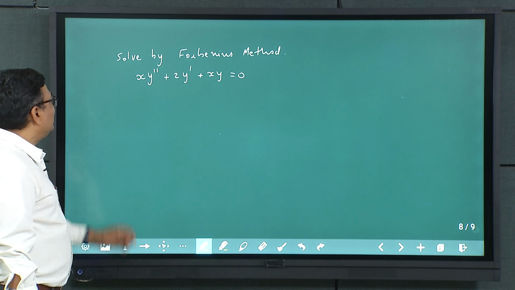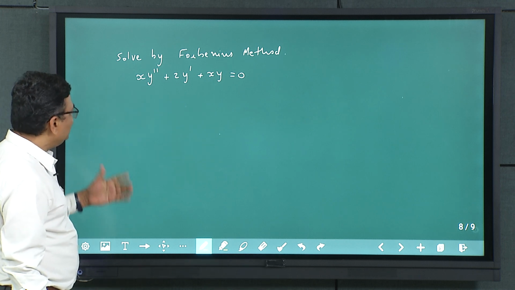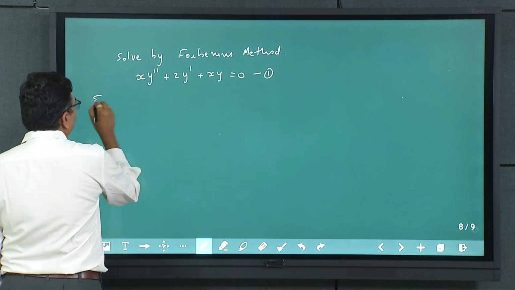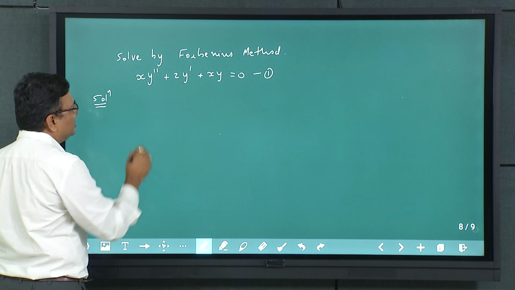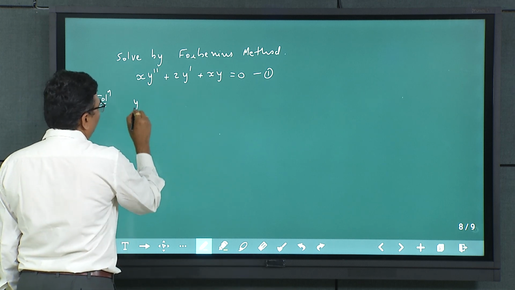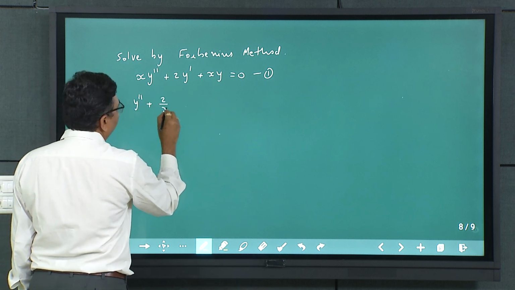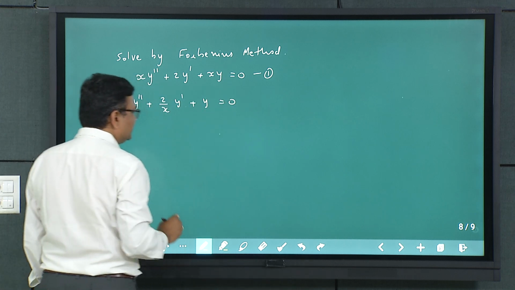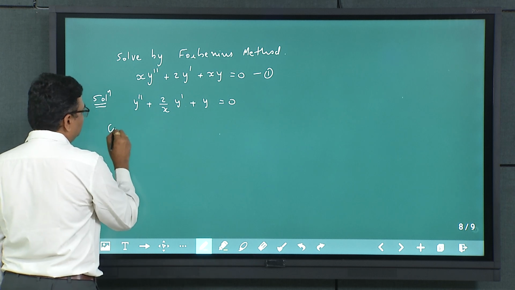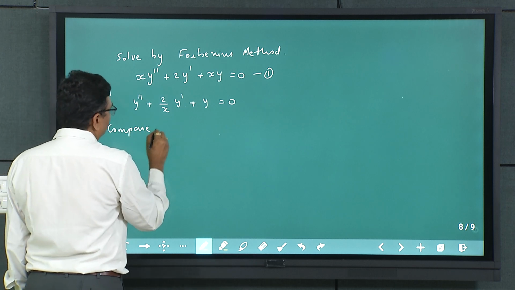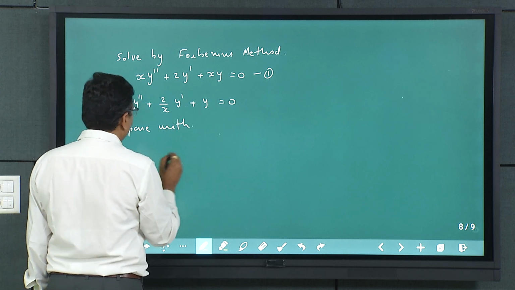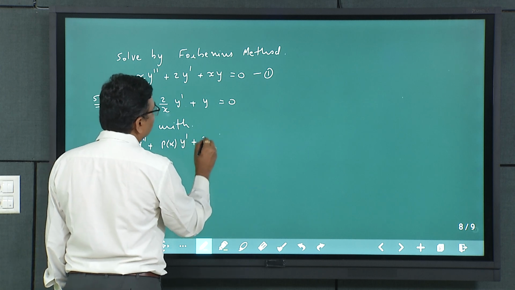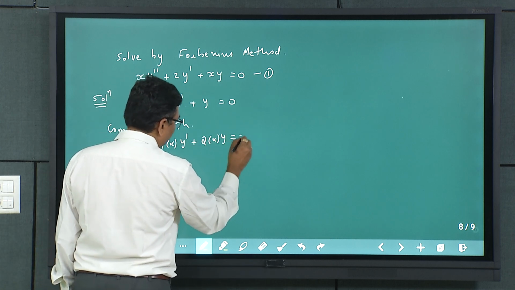चलो नेक्स्ट क्वेश्चन सॉल्व बाय फ्रोबेनियस मेथड. कंसीडर दिस एज 1. सो सॉल्यूशन, फर्स्ट ऑफ ऑल कन्वर्ट दिस इन स्टैंडर्ड फॉर्म. सो y double dash plus 2 upon x y dash plus y equal to 0. So compare this with y double dash plus p of x y dash plus q of x y equal to 0.